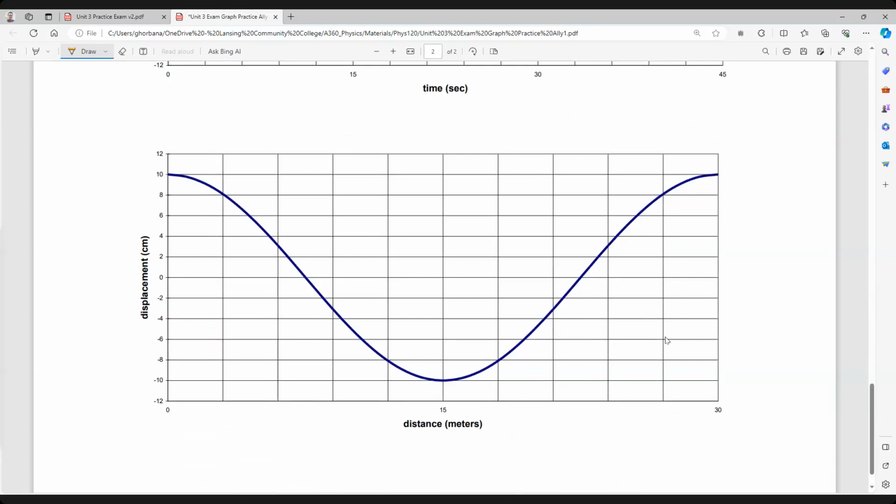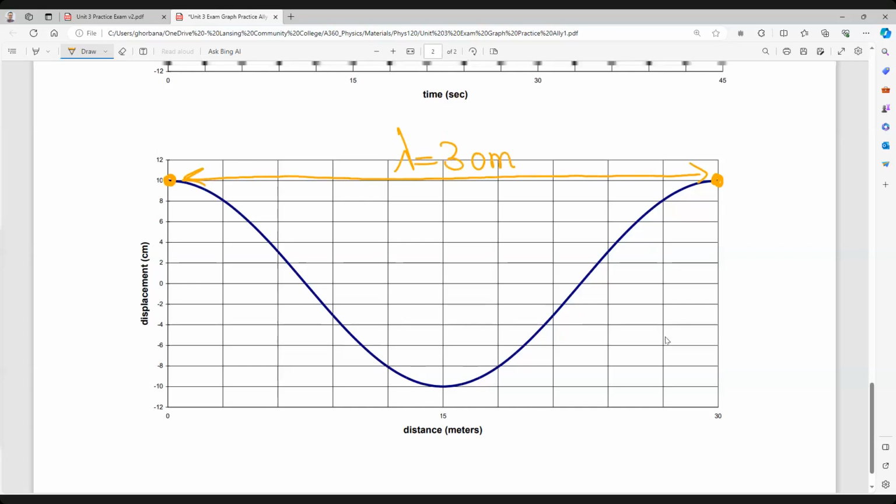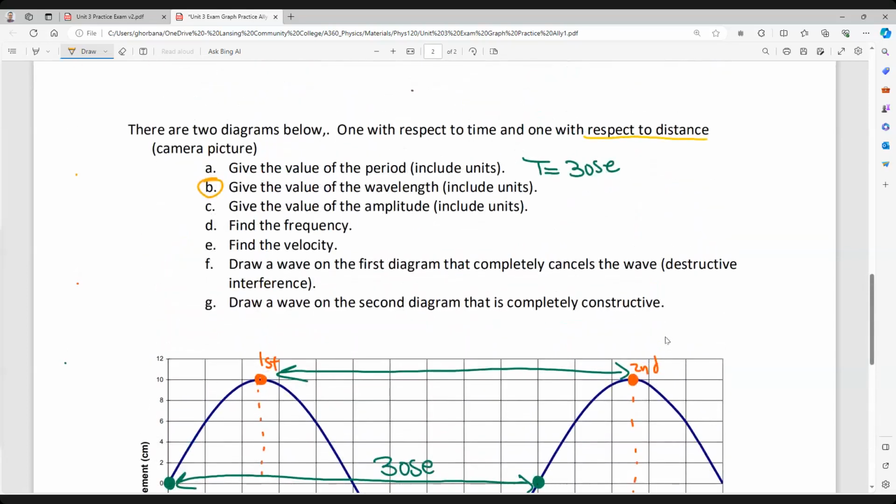The only 2 same points here are these 2 crests. I'll say this is the first one, this is the second one. The distance from here to here gives me 30 meters. It's going to be my lambda, which is 30 meters. So part B, the lambda is 30 meters.